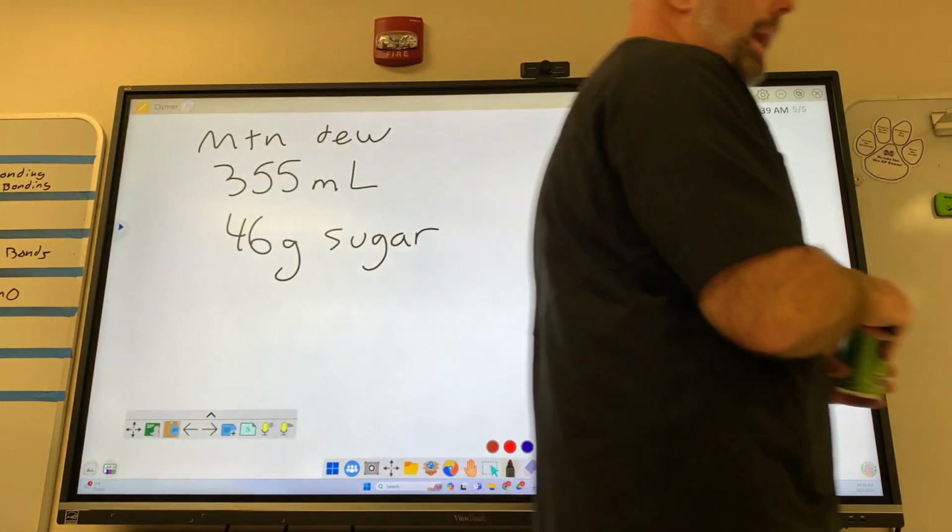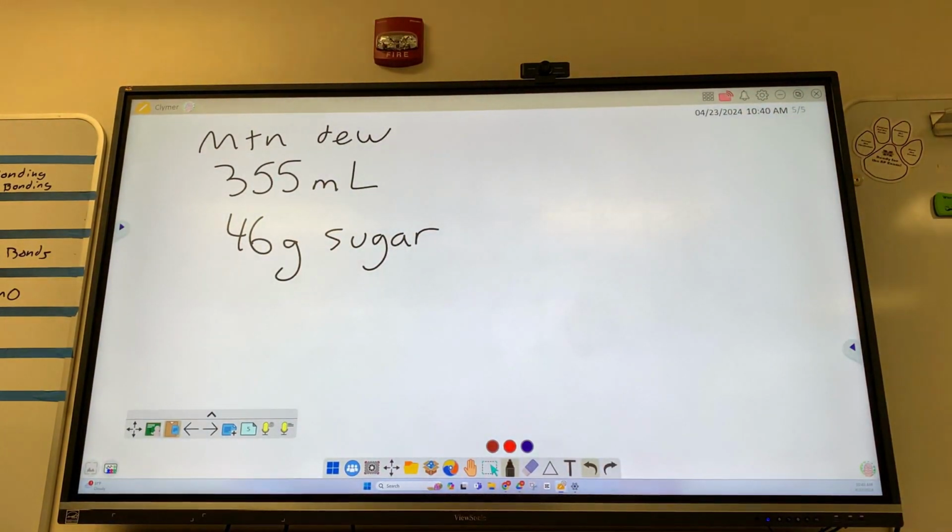Now that you know how to calculate it, calculate the molarity of sugar in Mountain Dew. And this is right from the side of the can is where I'm getting this data.